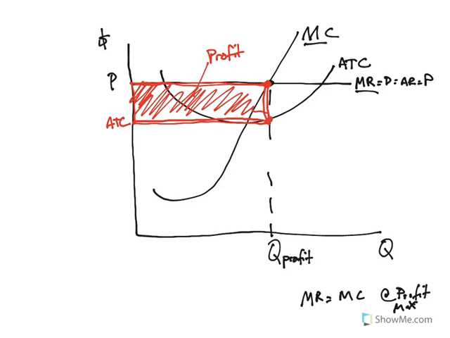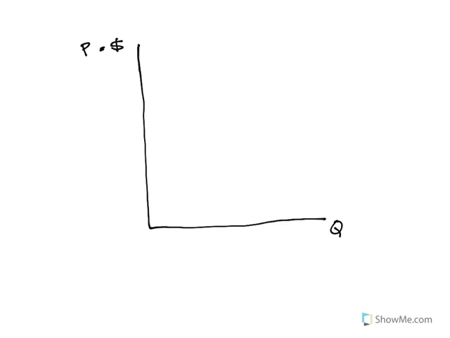Now that we know how to sketch that out, let's revisit the idea of a firm producing at a loss. Again, let's start with our cost curves. Quantity, dollars or price, the same thing in this market.